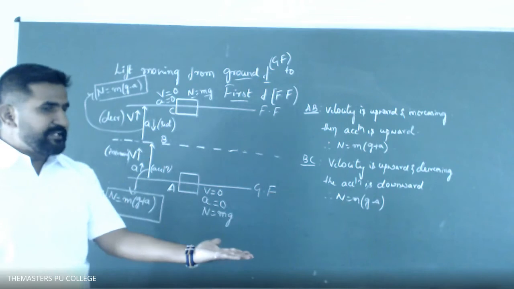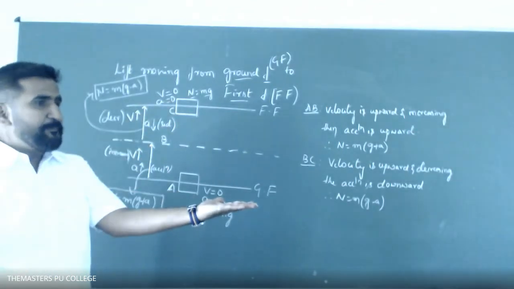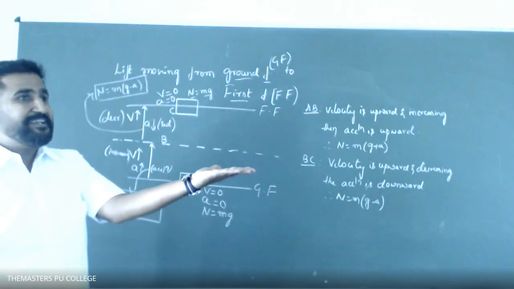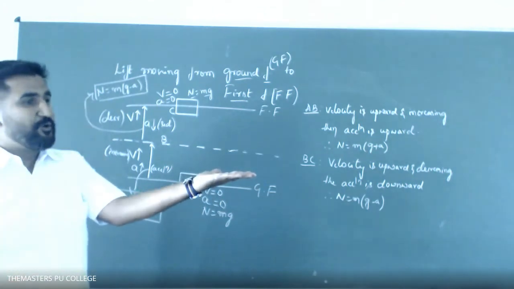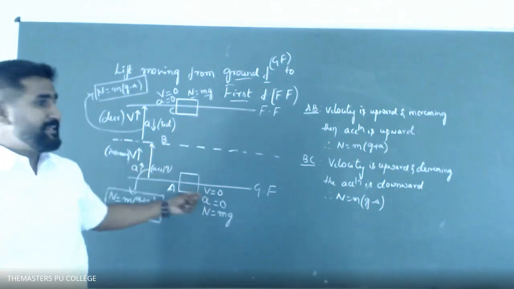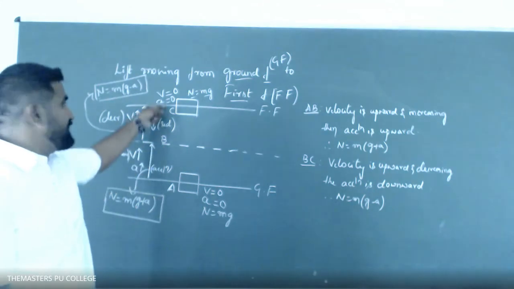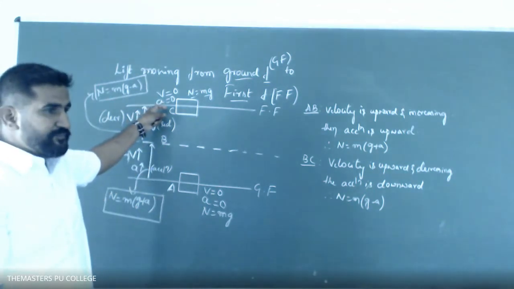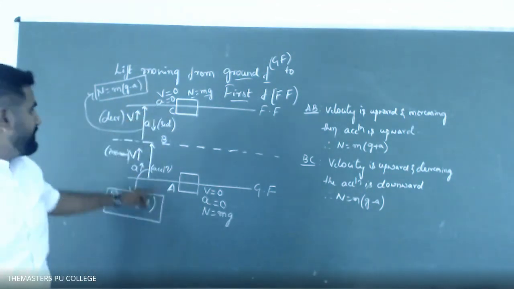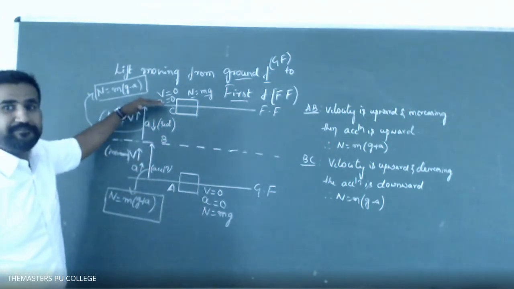Ground floor, velocity increases. After reaching the middle between the ground floor and first floor, it may move with constant velocity. Then when it is moving near the first floor, it may decrease its velocity. There is a possibility, but in the diagram I have taken only this: it increases and suddenly decreases. There may be a possibility that velocity increases, stays constant up to here and decreases here.